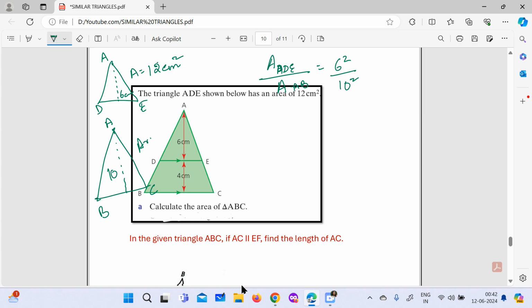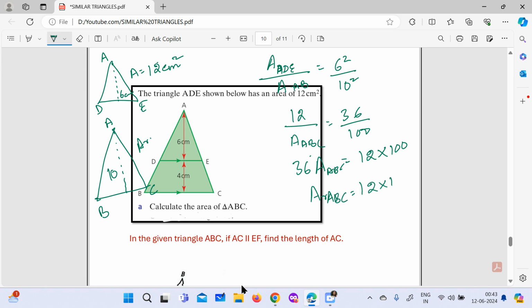So we can just cross multiply. Area of ADE we have, that is 12. So 12 upon area of ABC equals 36 over 100, and 36 times area of ABC equals 12 times 100, then area of ABC equals 12 times 100 over 36.